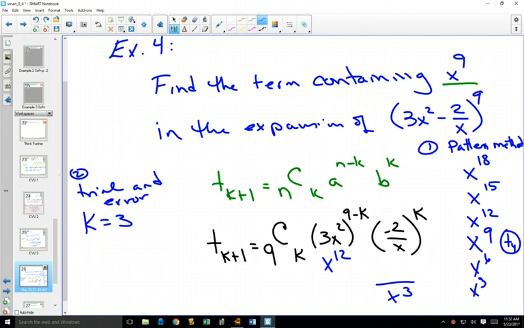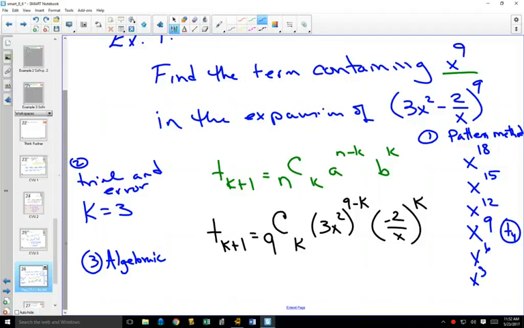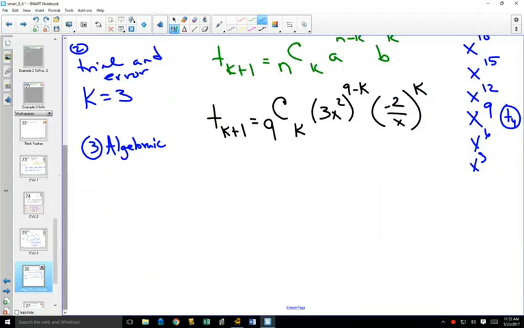However, I have seen on some final exams that they like the third method, which is the longest method, the algebraic method. So here's method number 3, algebraic. In the algebraic method, you say, I'm trying to find the term with the x to the 9.